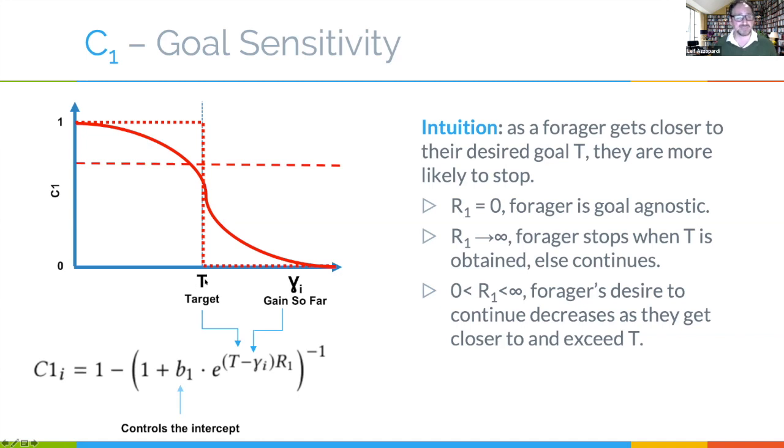And once I've met that target or exceeded it with the gain so far, I'm more likely to stop, to the point where once I get a lot of gain or exceed my target by so much, I'm almost close to 0 in terms of the probability of continuing.